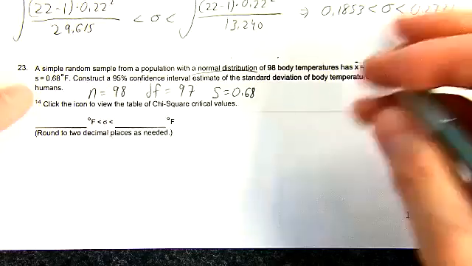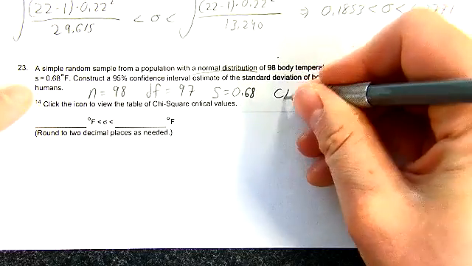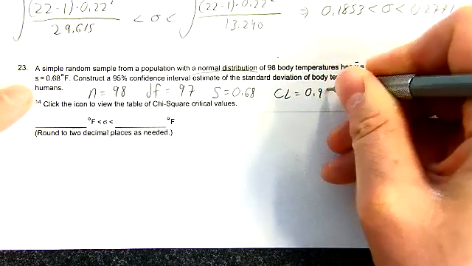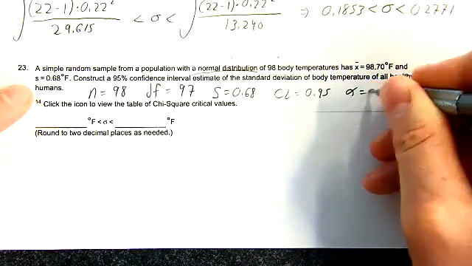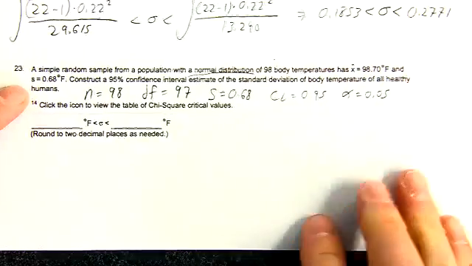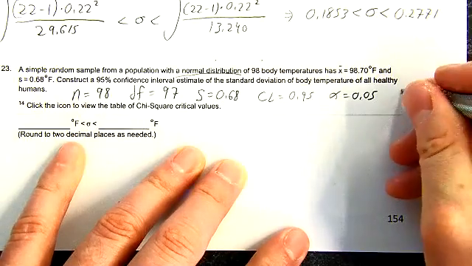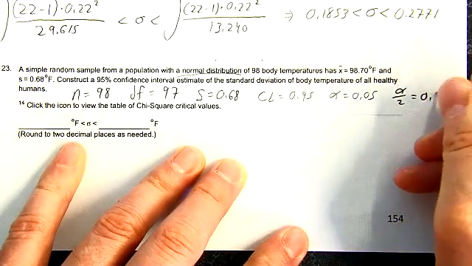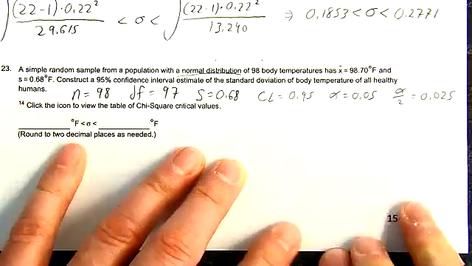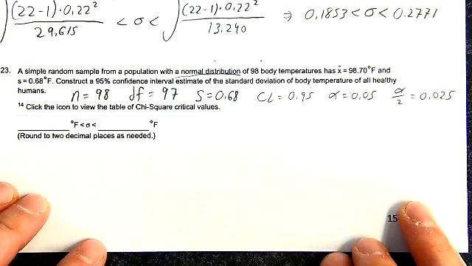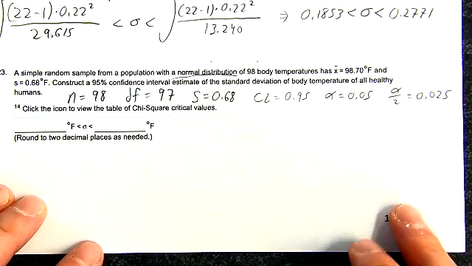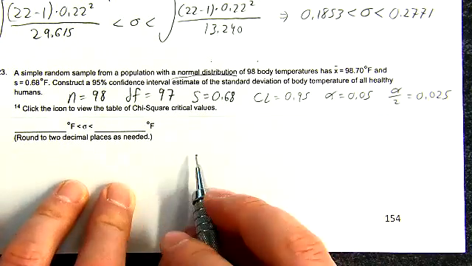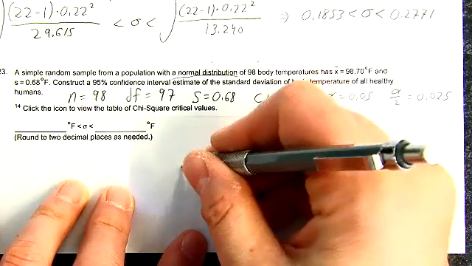Construct a 95% confidence interval. So our confidence level is 0.95, which means alpha is 0.05, which means alpha over 2 is 0.025. And that's everything we need. I'll still draw the picture just so we can get used to this.